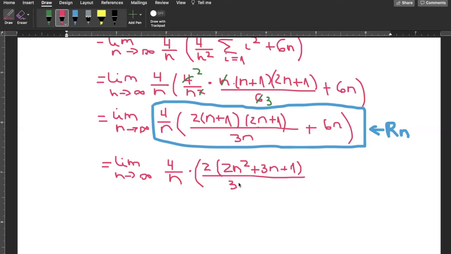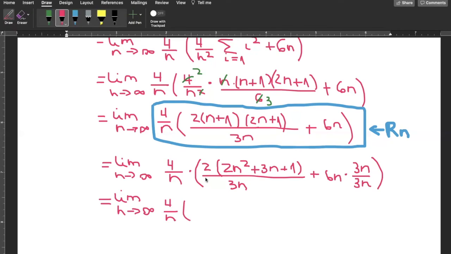Over 3n, and then to find common denominator for this, we'll need to multiply and divide that 6n by 3n on the top and the bottom. So I'll just rewrite it like this. So we multiply on the top and we multiply on the bottom. So what do we have here? Four over n.